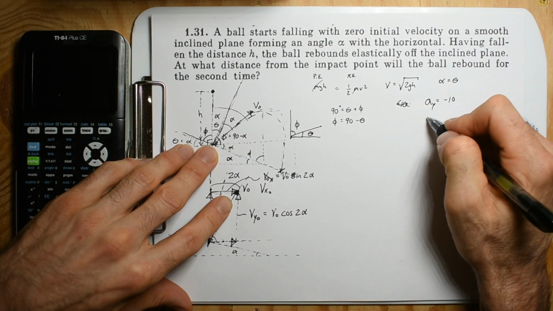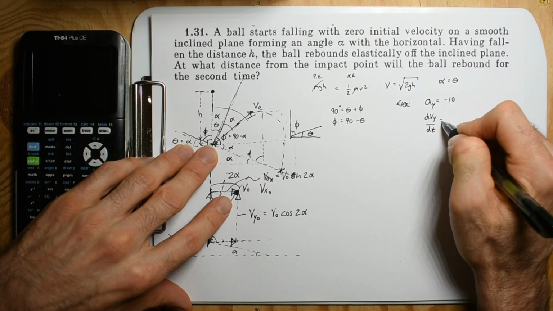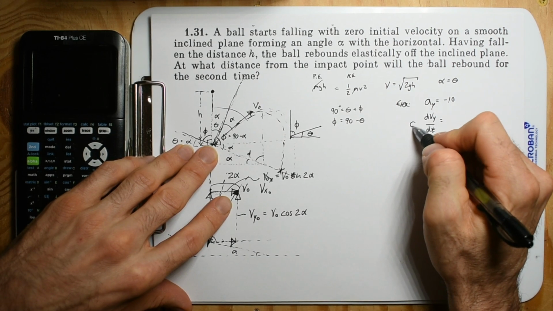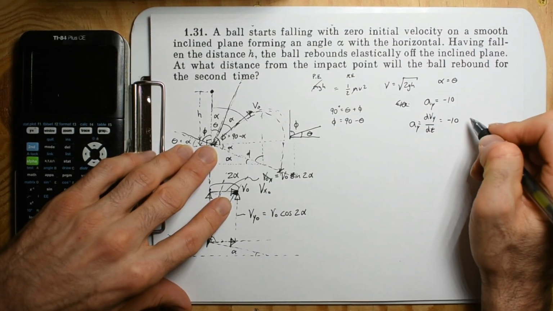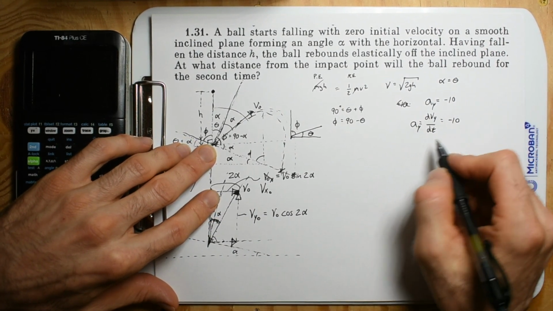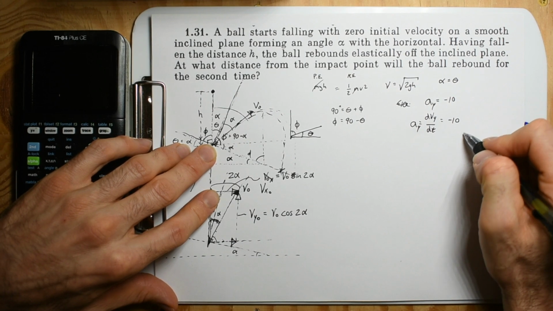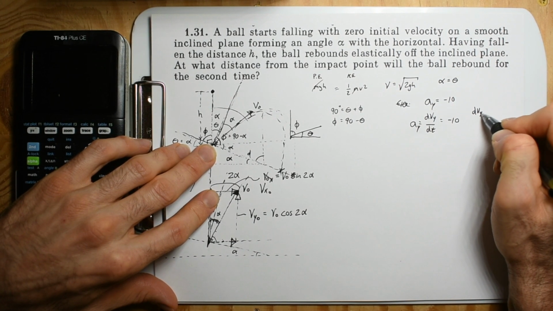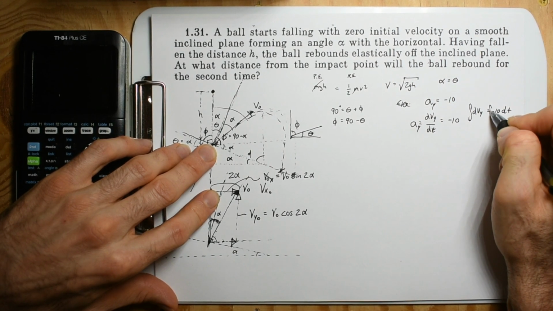Then dvy dt, the change in vy over the change in t, is equal to negative 10. Then we can separate variables and get dvy equal to negative 10 dt, and then we can integrate.